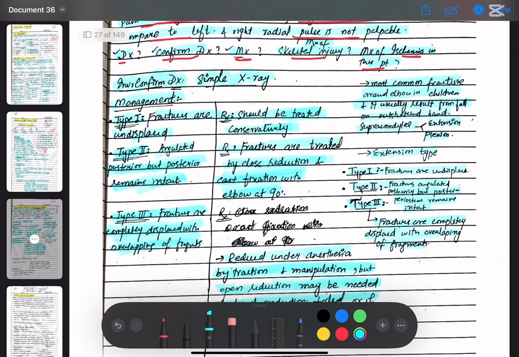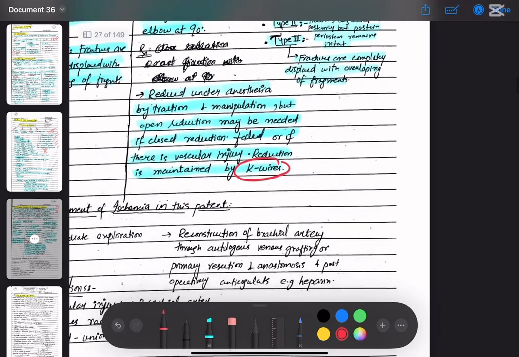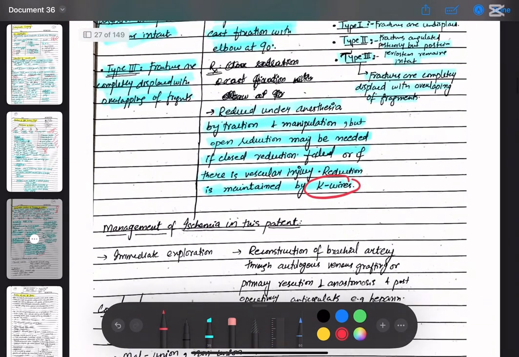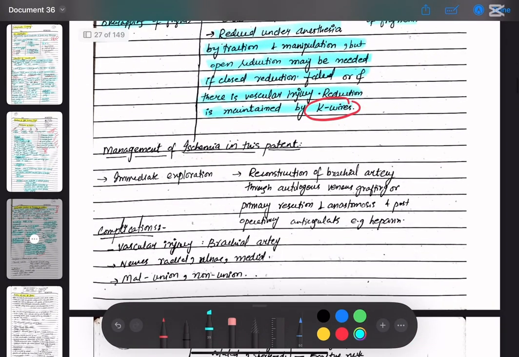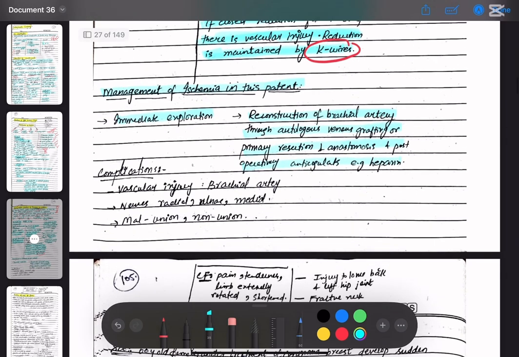Okay, so this is majorly a case of the supracondylar fracture, and the management of ischemia in these patients is that immediate exploration should be done, the reconstruction of the brachial artery through autologous venous grafting or primary resection and anastomosis, and post-operatively anticoagulants, for example heparin, are given. The complications are vascular injury, brachial artery, nerves, radial, ulnar and median, and malunion or non-union.